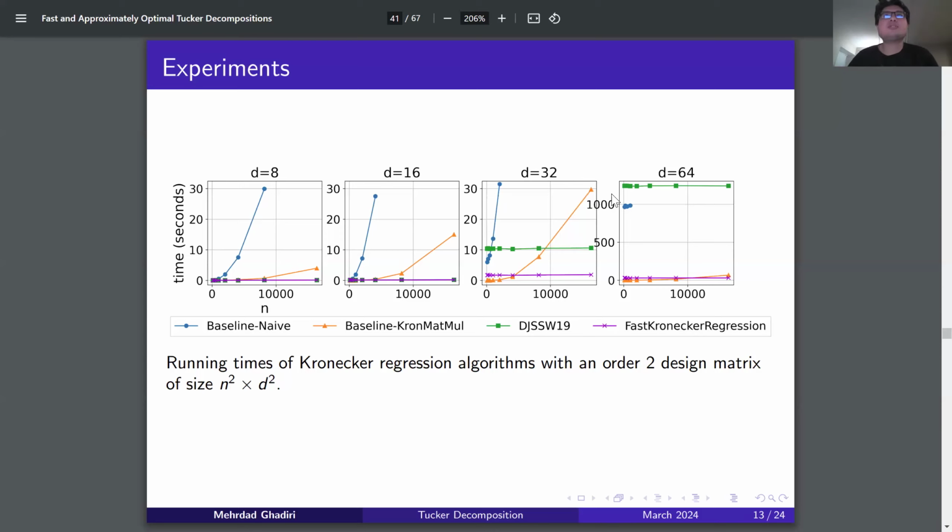Yeah. This is essentially because we are talking about practice. I'm not doing fast matrix multiplication. My improvement is from d cubed to d squared, and this baseline Cron-Matmul is essentially doing d squared as well. So it's not exactly that, but you can think of it like that. They're the same because I'm not really doing the theoretical result.